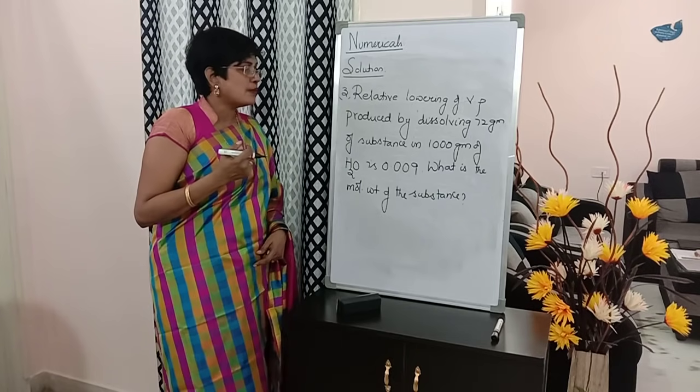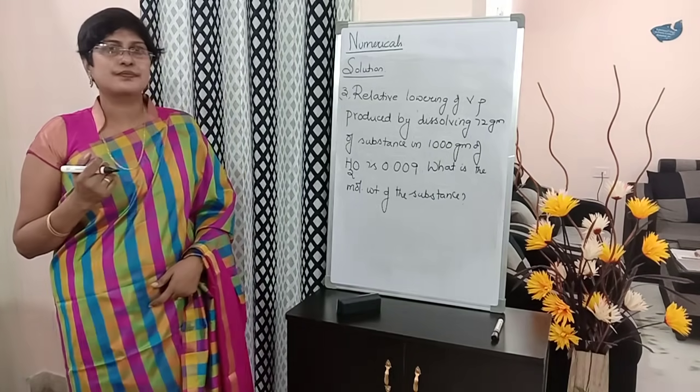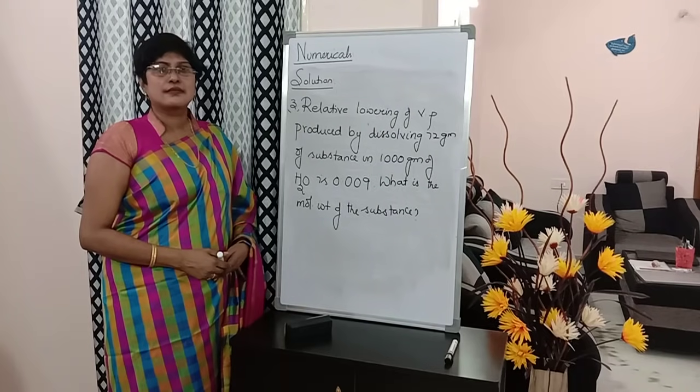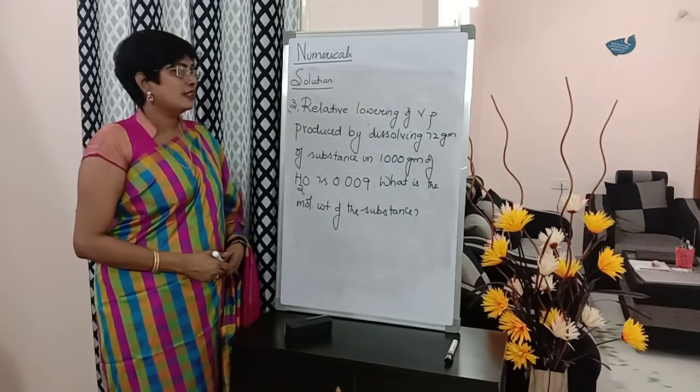So write down the problem, students. Make it fast. Relative lowering of vapor pressure produced by dissolving 72 grams of substance in 1000 grams of water is 0.009. Full stop. What is the molecular weight of the substance? Ready, students? Okay.